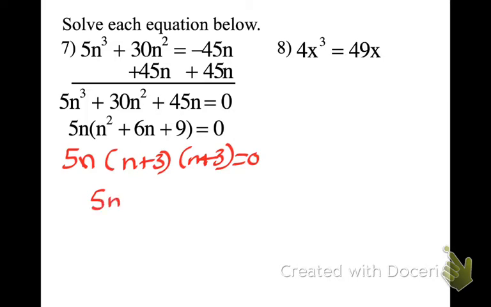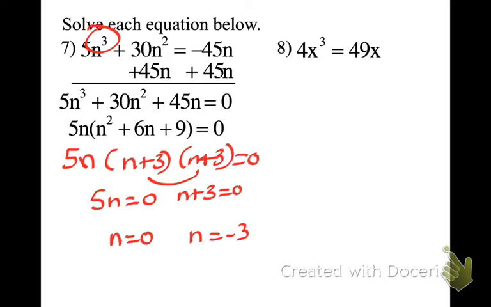So I set 5n equal to 0 and n plus 3 equal to 0. How many solutions do we have even though it was to the third power? Two: n equals 0 and n equals -3. Because these two are exactly the same, I don't need to write them twice.